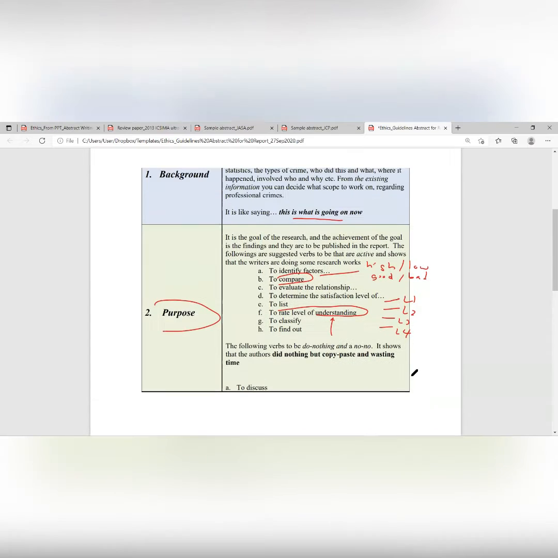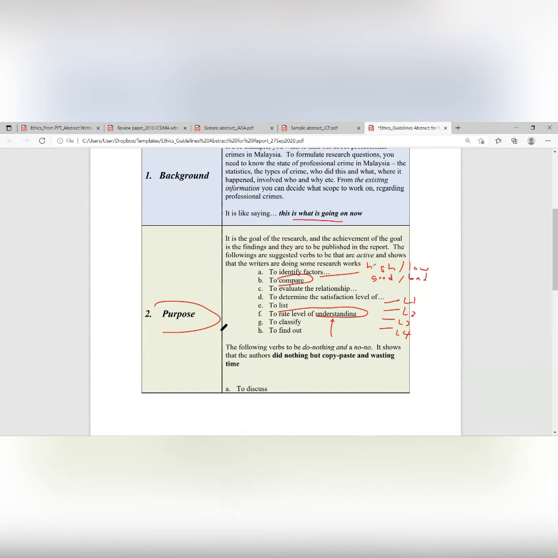Sometimes in the abstract, the student put like to investigate, right? With only this term being put in a purpose, we are not really sure what are the things that are to be investigated.